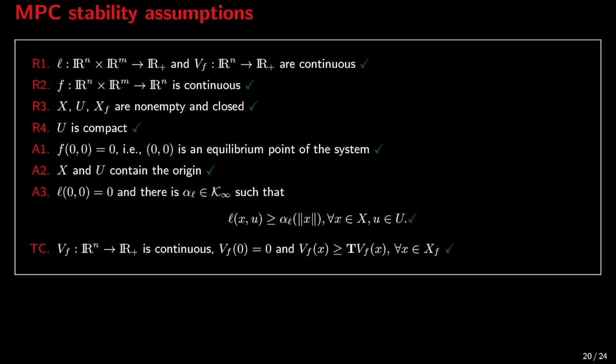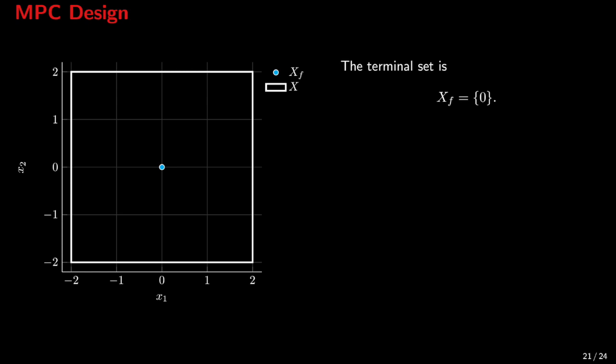Now, if we go through the regularity and attractivity assumptions, we will see that each one of these is satisfied, and the terminal condition is also satisfied: Vf is larger than or equal to T of Vf. Here we see XF, which is just one point, as well as the bounding box X around, you see, with a thick white line.